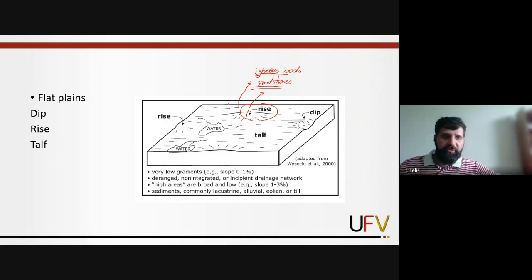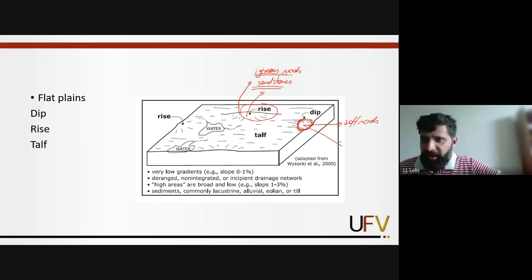We can find the deep regions that are depressions in these flat plains. These deep regions commonly could be related to softer rocks, rocks that could be easily weathered, or even those rocks that were intensively fragmented by faults.